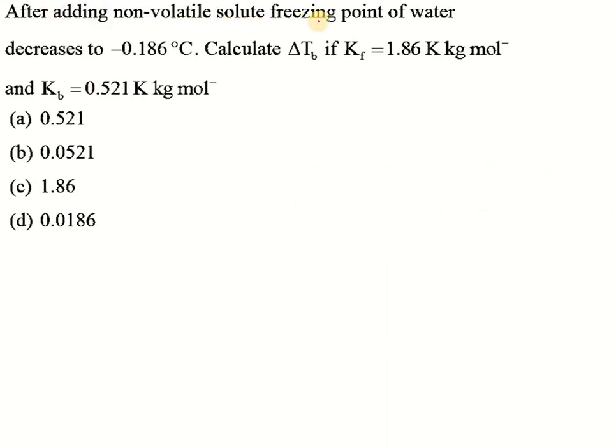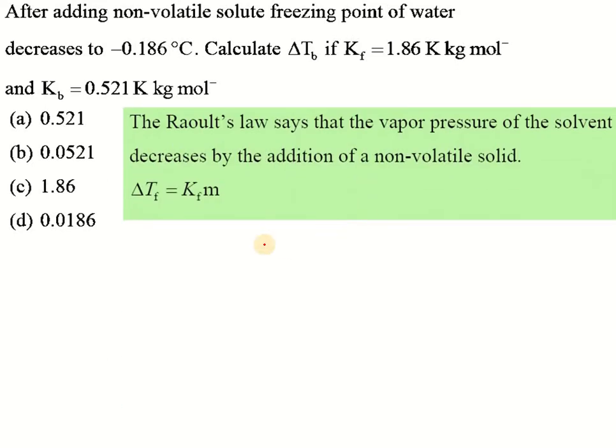After adding a non-volatile solute, the freezing point of water decreases to minus 0.186 degrees Celsius. Calculate delta Tb if Kf is given as 1.86 Kelvin kilogram per mole and Kb is 0.521 Kelvin kilogram per mole. First we check the formula delta Tf equals Kf into molality.